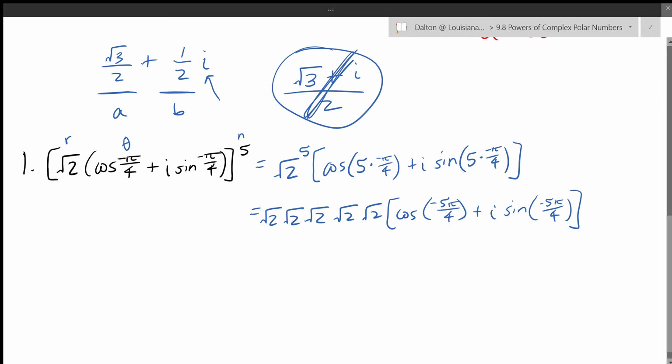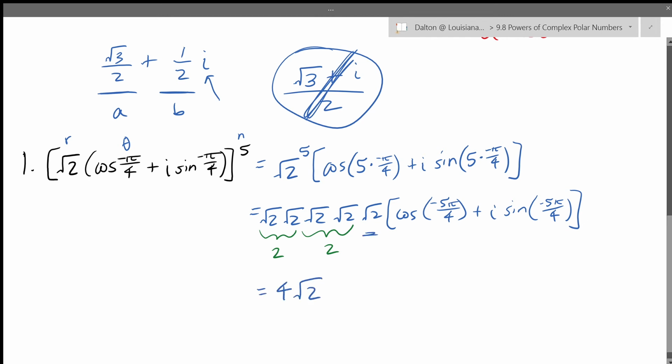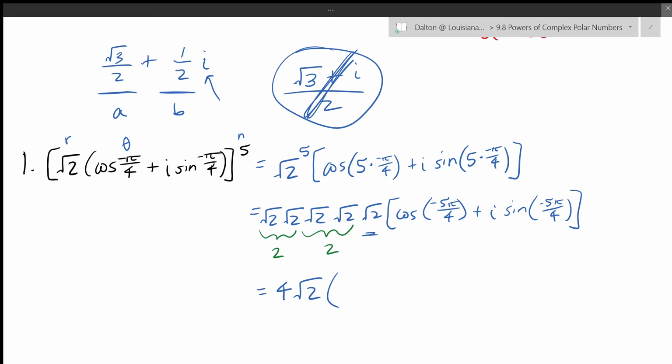Okay, when we simplify these radicals here, we know the square root of 2 times the square root of 2 is 2. And then we know that 2 times 2 is 4, and then this loner square root of 2 here will have to stay like that. And then this is going to be times, then we actually want to go ahead and simplify what these numbers are.